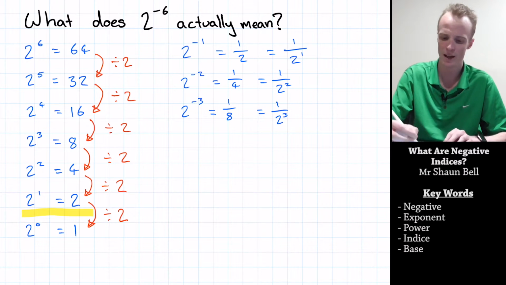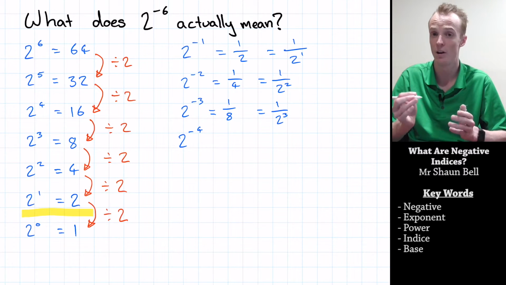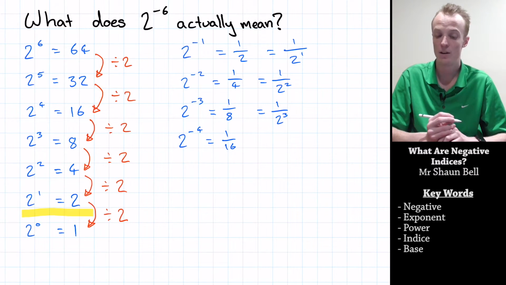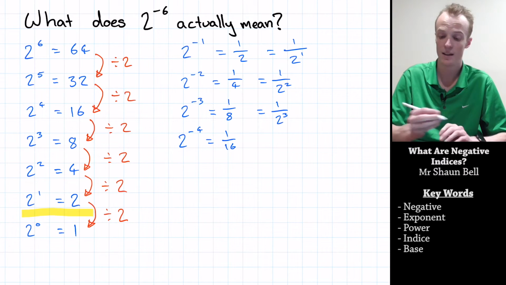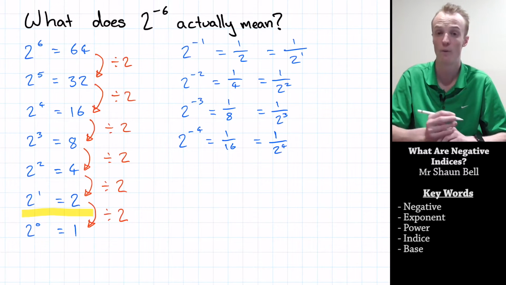But let's have a look at 2 to the negative 4 to see if that still follows this pattern. Now a half of 1 over 8 is equal to 1 over 16. But we know that 16 is equal to 2 to the power of 4. So this is the same as saying 1 over 2 to the power of 4.